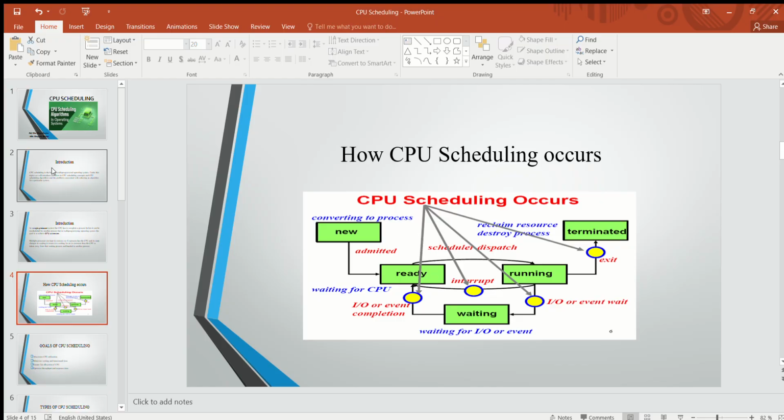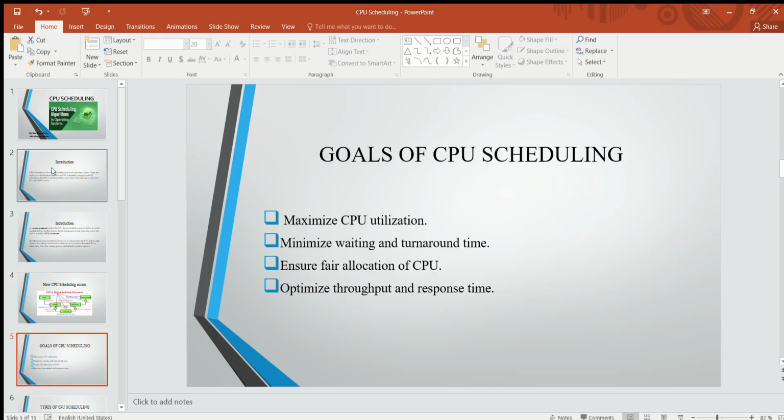While it's running, there can also be a request for I/O resources, so it goes into the waiting state. Then you have the terminated state, where all remaining resources are deallocated and the process is terminated. Very good.